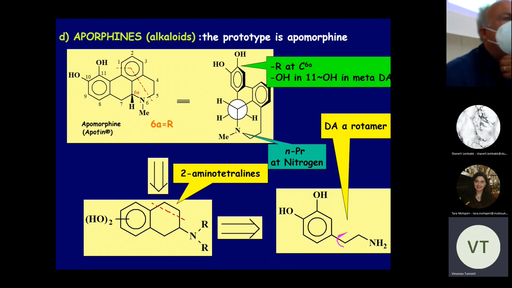And you see the catechol ring, the ethyl with the second cyclohexane. Also, the nitrogen atom is inside a cycle ring, and there is also an additional aromatic ring.